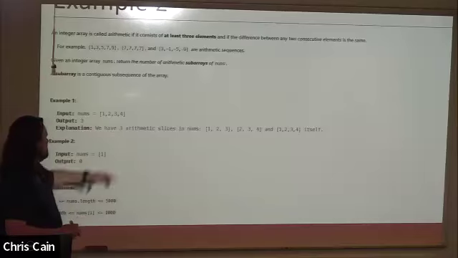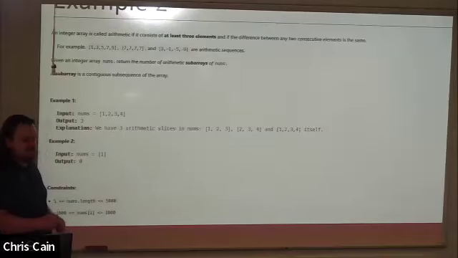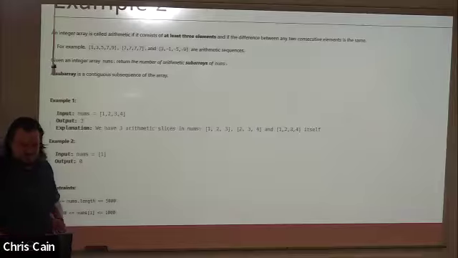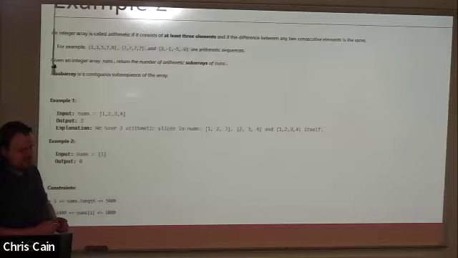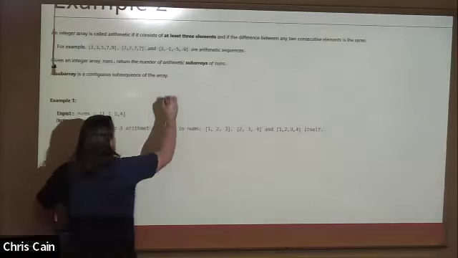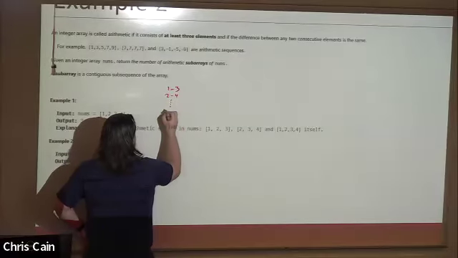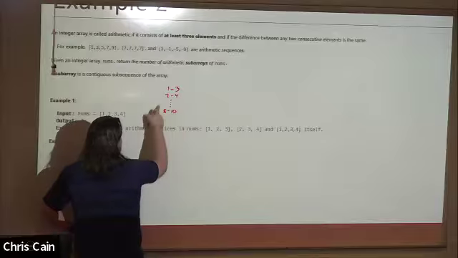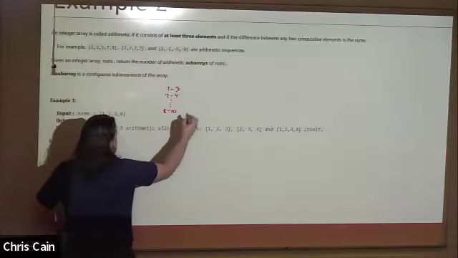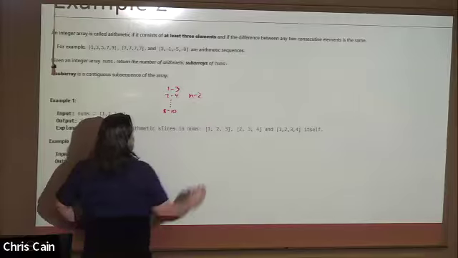How many windows of size 3 are there in an array of size 10? 1 to 3, 2 to 4, all the way down to 8 to 10. So the number that is on the left here is 8, which is n minus 2.